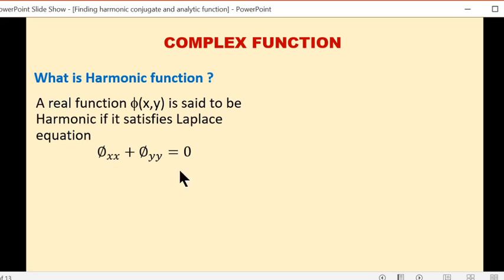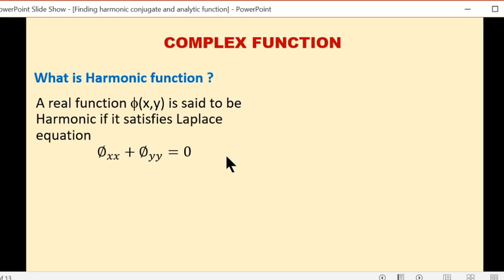So if the function phi satisfies Laplace equation, then it is said to be harmonic. Now here the keyword is that the given function phi has to be a real function. Okay, now we are in the topic of complex function, but this function phi has to be a real function. Then this function is said to be harmonic.